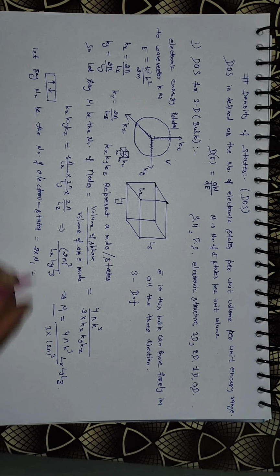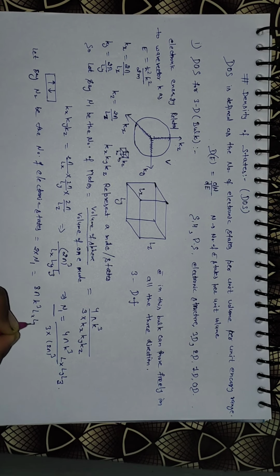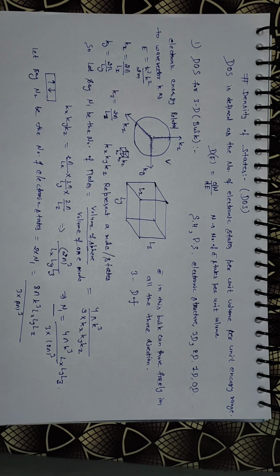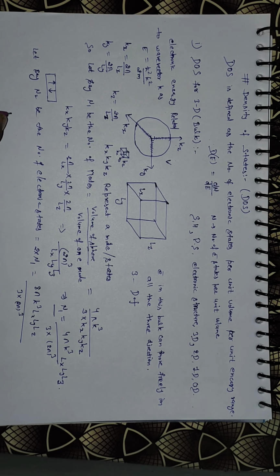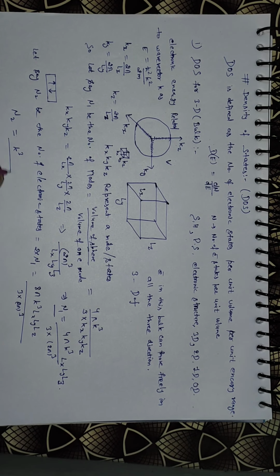Then we get 2n1 as 8 pi k cube Lx, Ly, Lz over 3 into 2 pi whole cube. After solving this, n2 is k cube over 3 pi square times Lx, Ly and Lz.